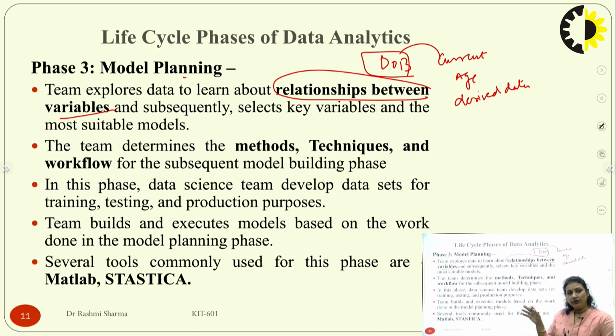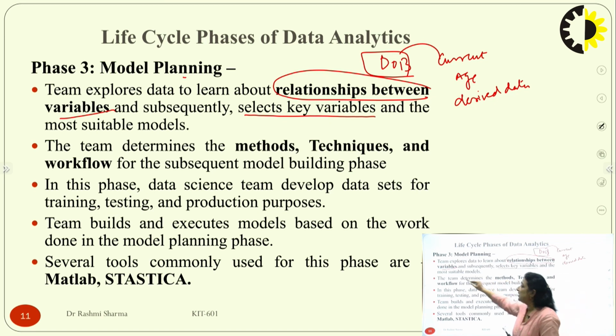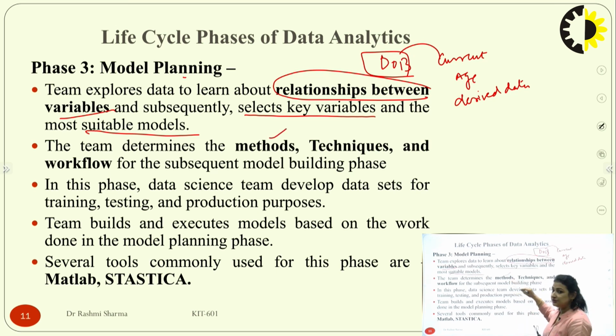So we find out the relationship between the variables and subsequently select the key variables and the most suitable existing model. For this, we define the methods we require for modeling, the different techniques, and the workflow for the subsequent model building phase.